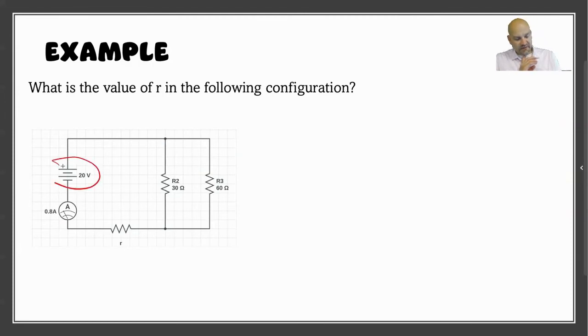So they give us the voltage, they give us the amps. So basically what we can do right now is find the equivalent resistance by using Ohm's law. So V equals IR. And this is going to be equivalent resistance because all this V and I is going to be total.